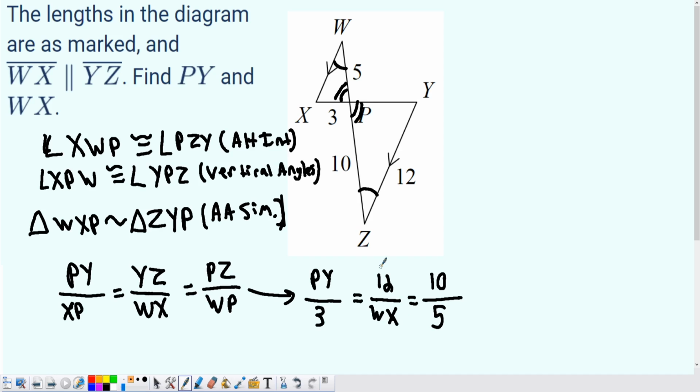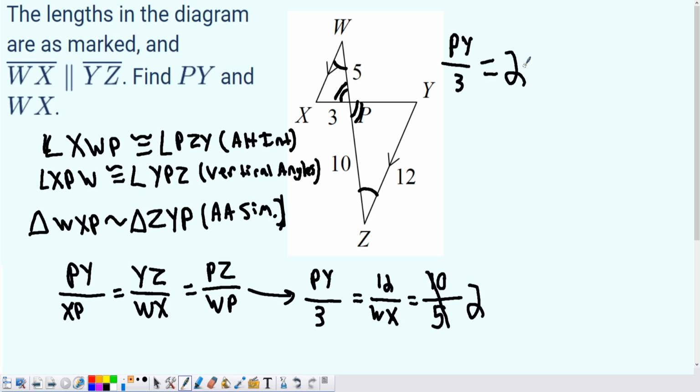Now, you might notice this fairly quickly that 10 over 5 reduces down into just 2. So, let's take each of the ratios that have our variables in them. So the first one's PY over 3. And now we can just set that equal to 2, because that is what the scale factor is. That 10 over 5 just simplifies to 2.